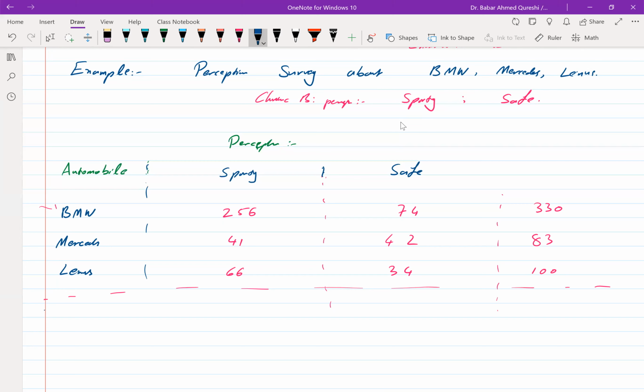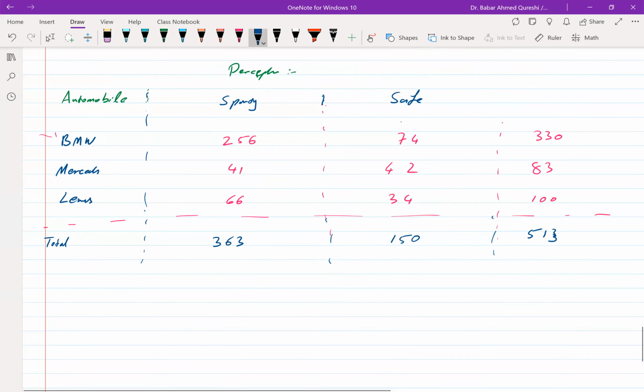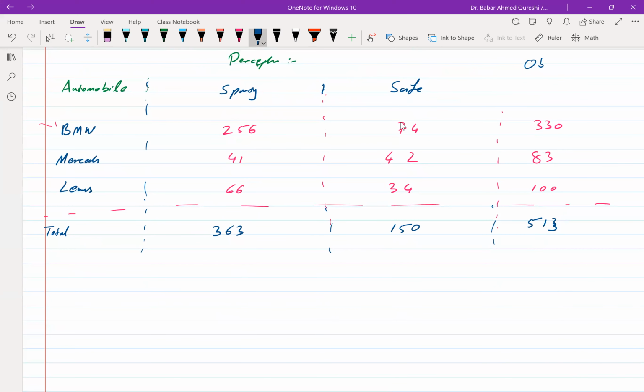Again, I can make this table of totals. 363 had sporty in their mind, and 150 had safe in their mind, and total number of people were 513. This is an observed table.